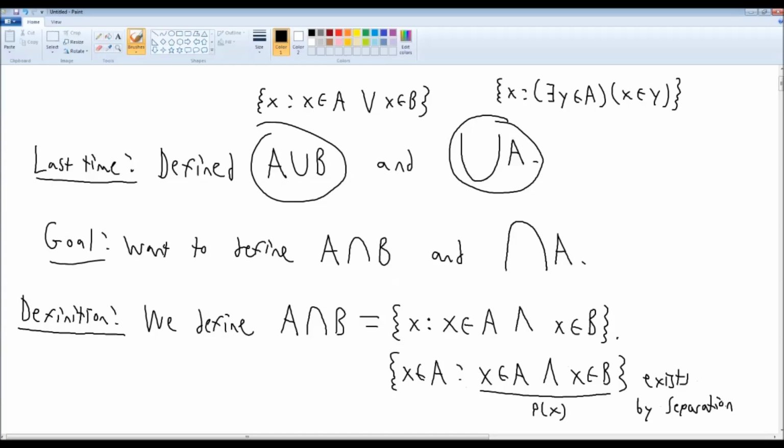If you don't know what that is, I made a video on it. But now here's the thing. If you're in A and you're in B, then you're automatically in A anyway. So writing x as an element of A here is actually a little bit overkill. So we can just scribble that out and get this. So this set must exist.